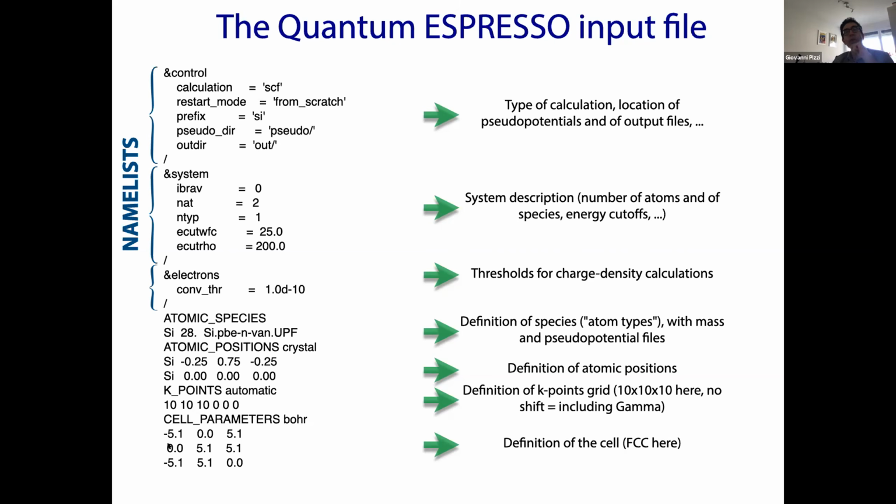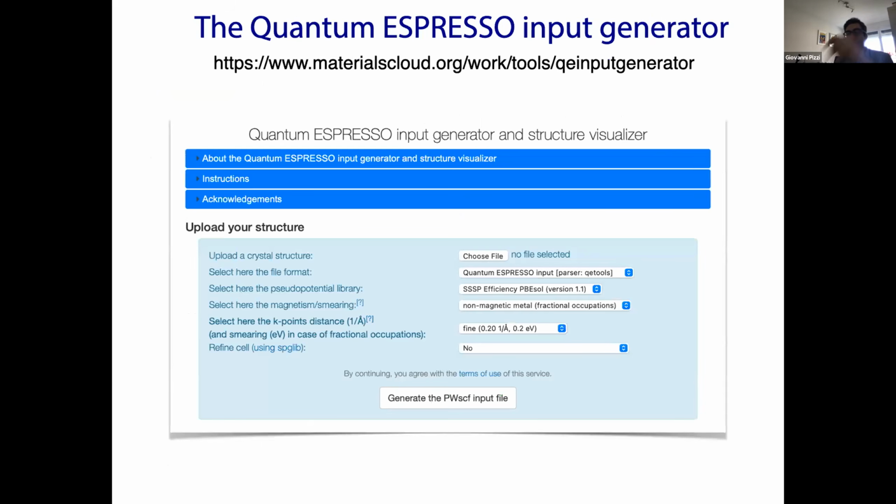So just a quick reminder for those of you who already know, or a brief introduction to how the Quantum Espresso input file works. Essentially, you run this and you will compute the charge density for this specific system with these cutoffs. Now, if you never used Quantum Espresso, one useful thing which we put online in the group roughly a year ago, and now we are constantly improving, is what we call the Quantum Espresso input generator. Let's say you have a crystal structure in some format, maybe CIF, maybe XSF or whatever.